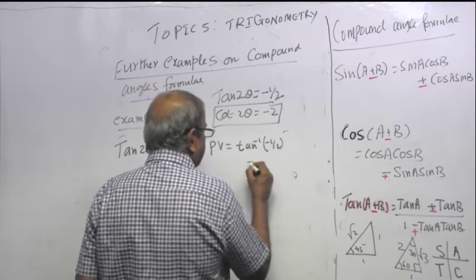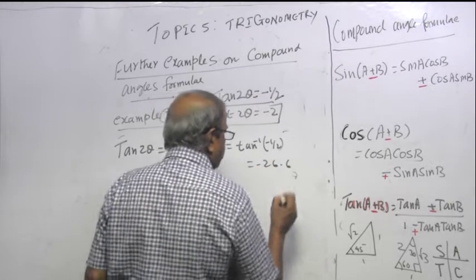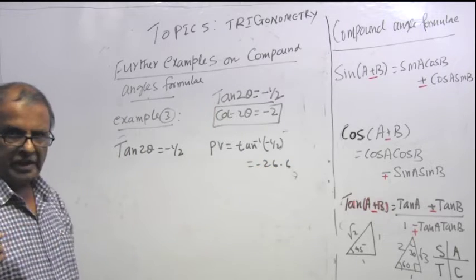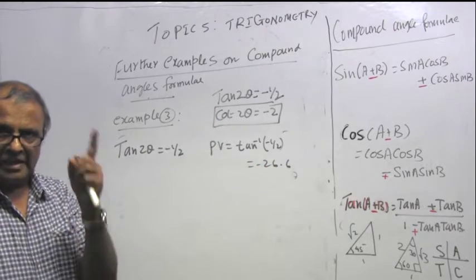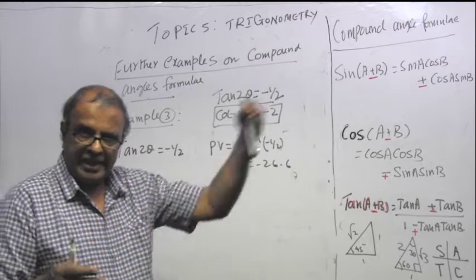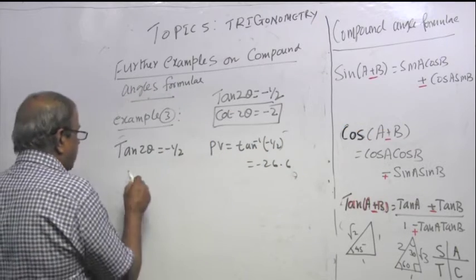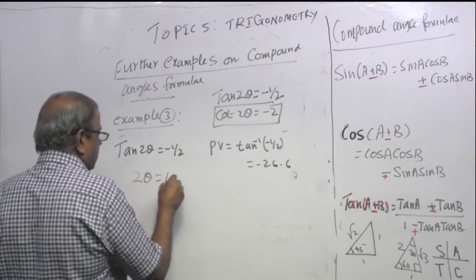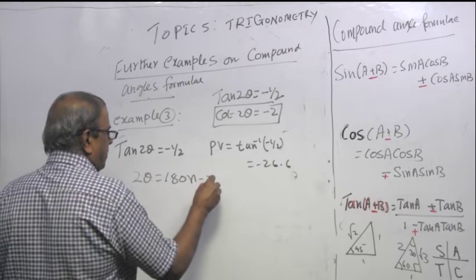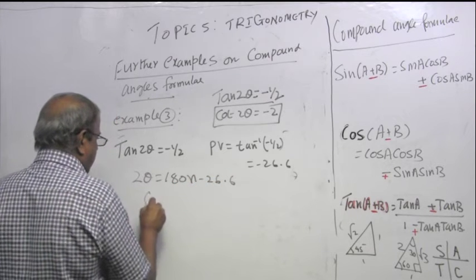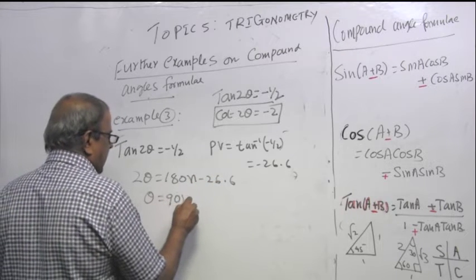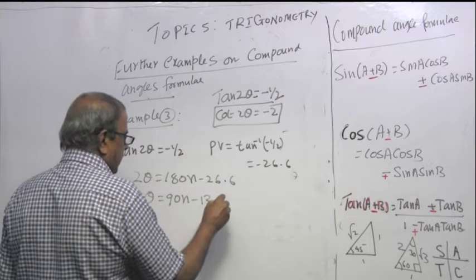So the principal value is minus 26.6. Remember I told you yesterday, you write the general formula first and then you solve. So 2 theta equals 180 n minus 26.6. So theta equals 90 n minus 13.3.